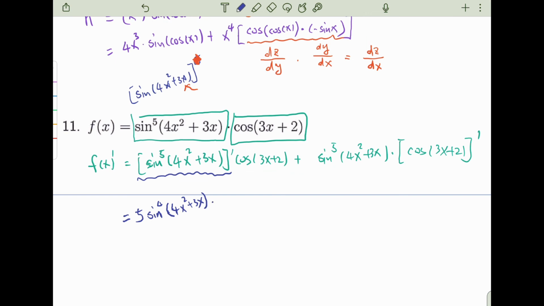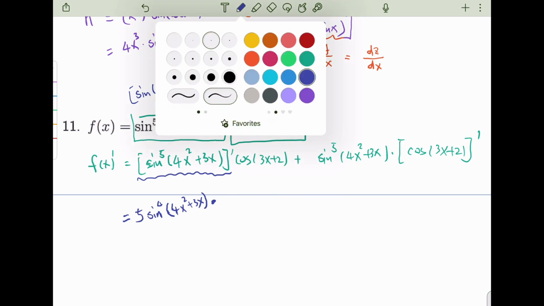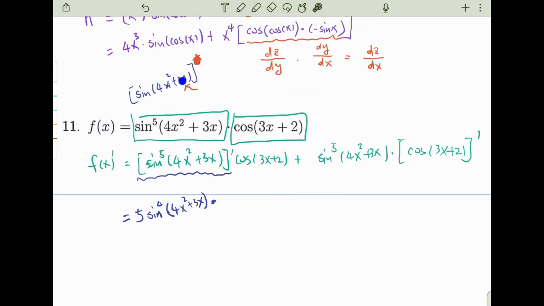We will view this function inside as a whole thing, just like sine of a capital X, sine of something. Its derivative is cosine, right? So it's cosine of this thing. Okay, so now we finish the second layer.